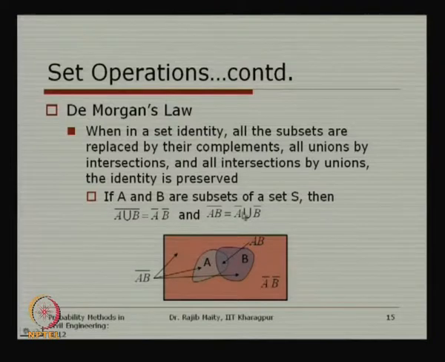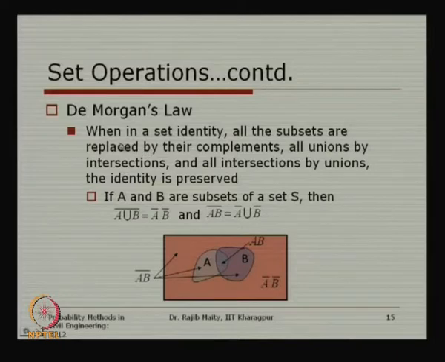Now again, the A complement union B complement, that is A outside and B outside: if you take the union of these two areas, then these three areas will be added. So these two relationships also hold good.